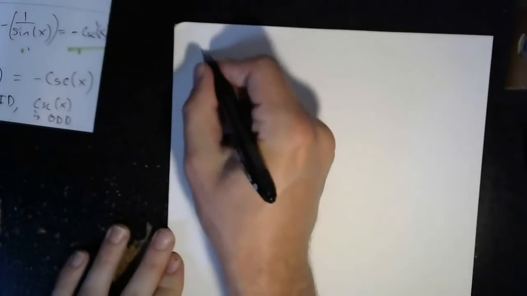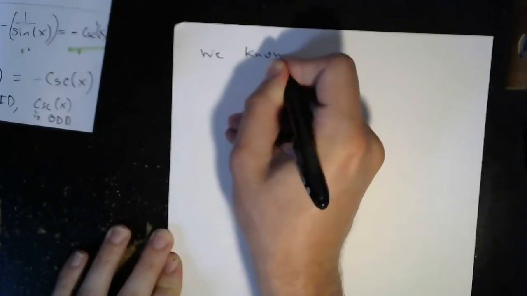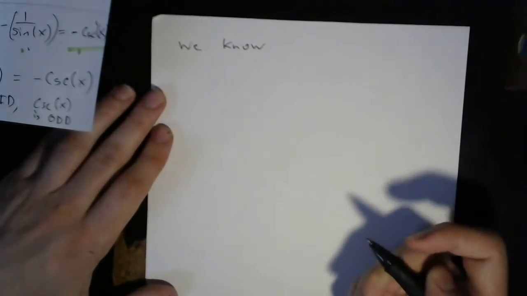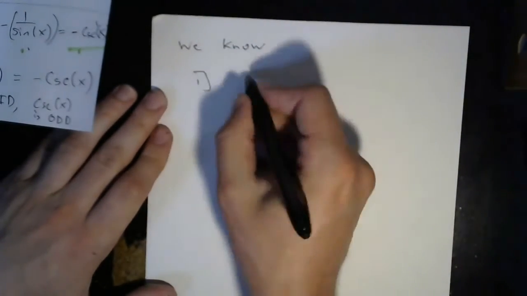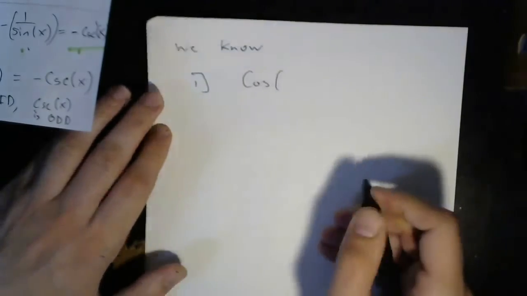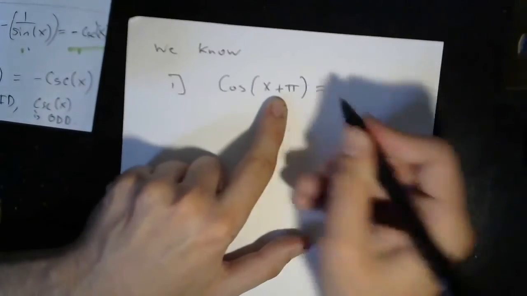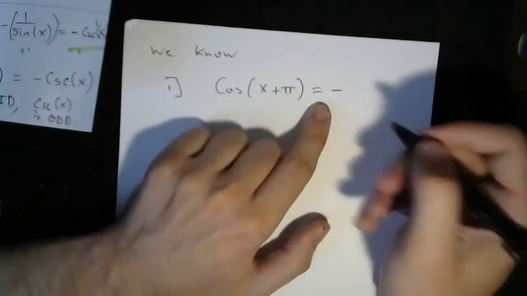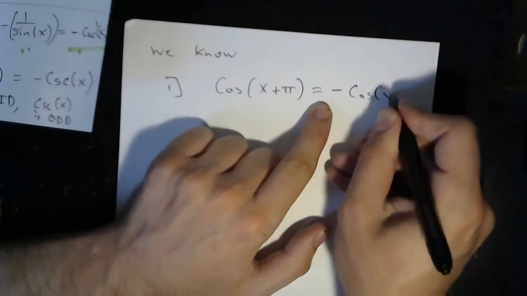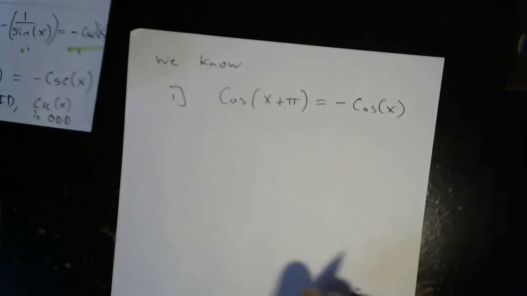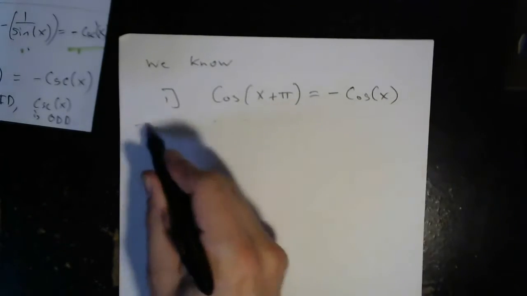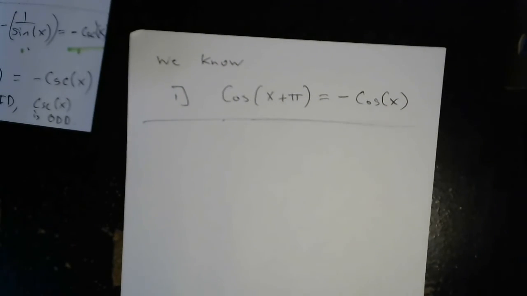So we know something that we've covered already. We know that cosine of a variable plus a 180-degree rotation is equivalent to the negative of just cosine of the variable. Okay, so this is something that we covered already. Should be on your formula sheet.